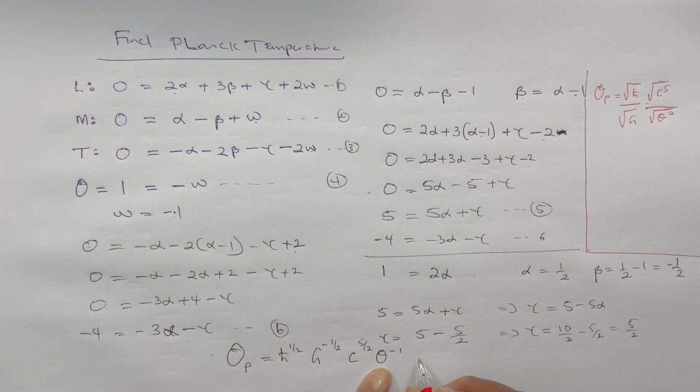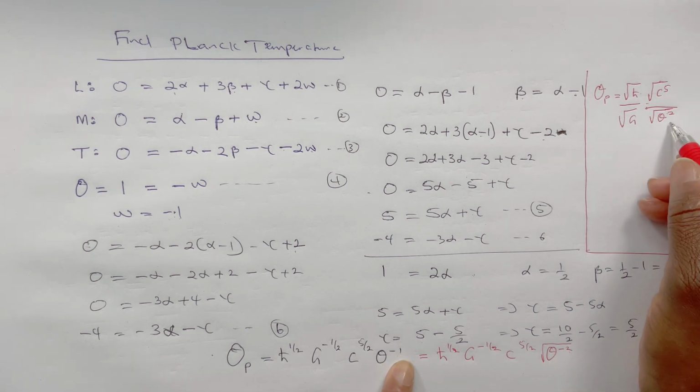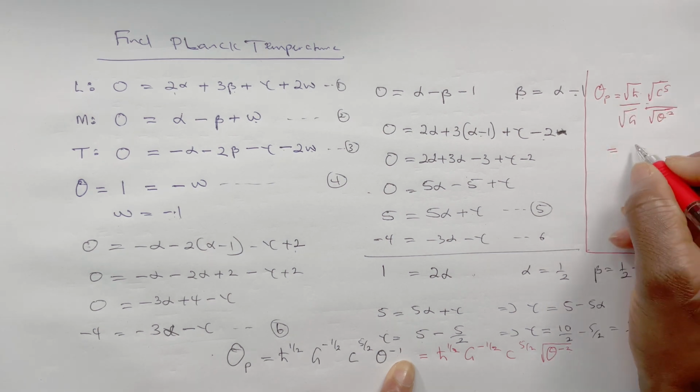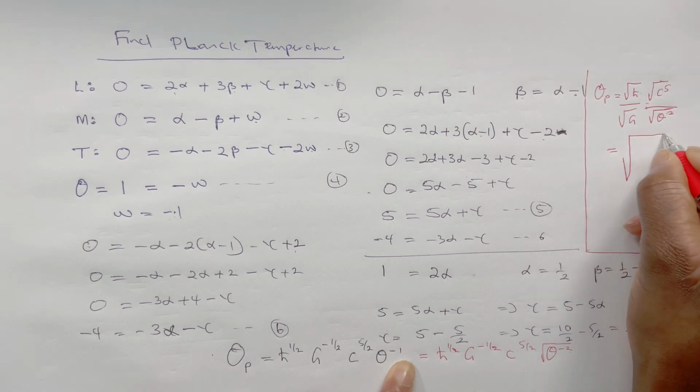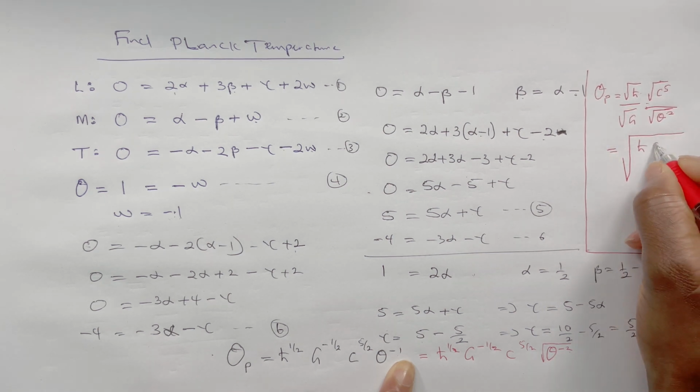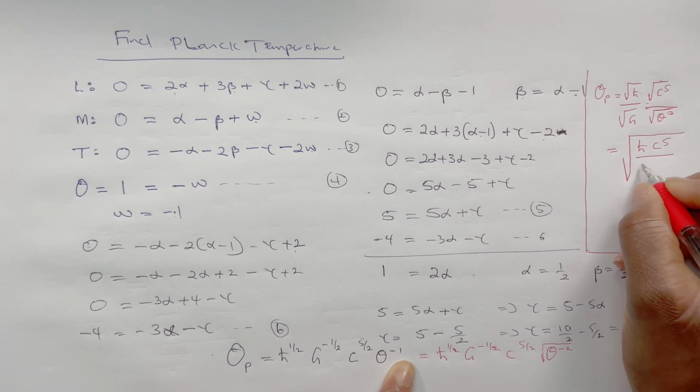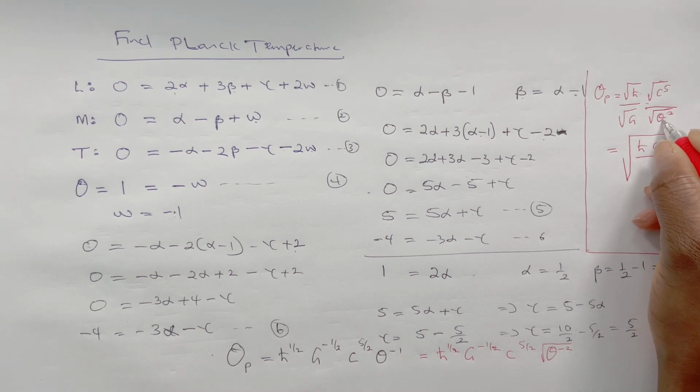So as I say, you could rewrite that as h bar to the half, G to the minus a half, c to the power 5 over 2, and then theta to the minus 2, root, because that will give you minus 1. If you take the root, you get minus 1 back. So that's what we've done here. Bringing it together into one square root, that'll be h bar c to the power 5 over, well, theta is actually kB, isn't it?